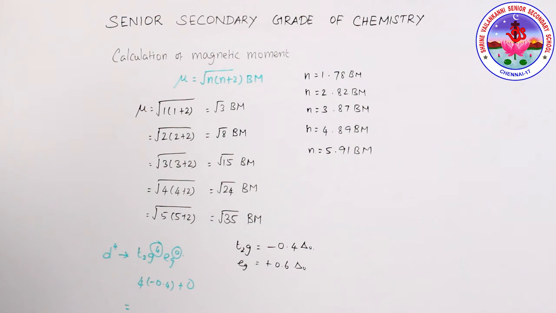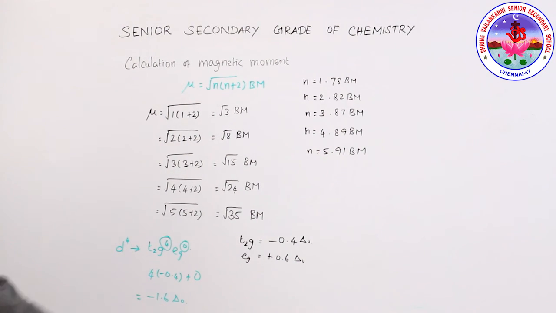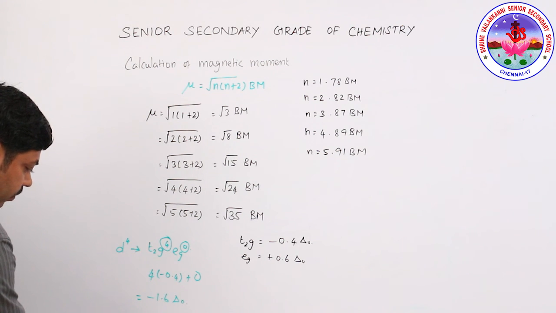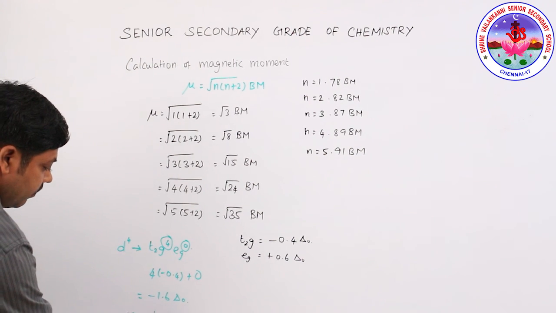So it becomes minus 1.6 delta naught, where delta naught is for the octahedral crystal field. Similarly, you can write it for D5, practice it, D6, D7.